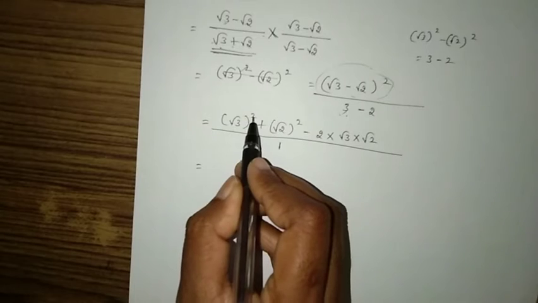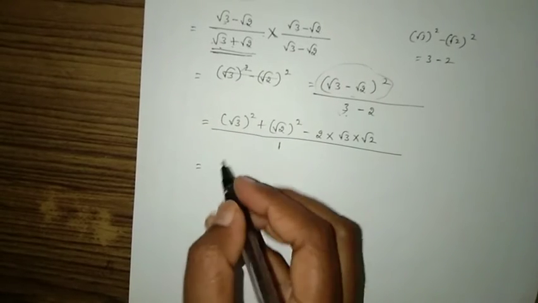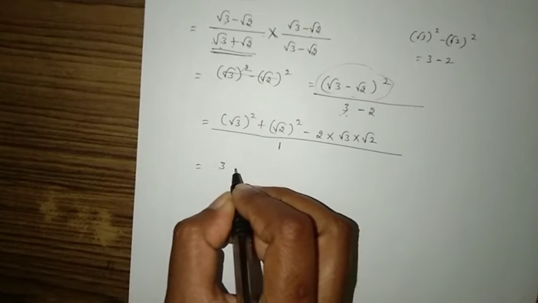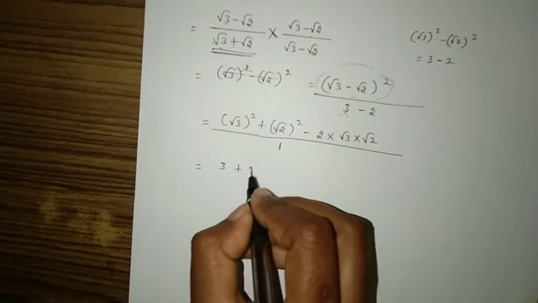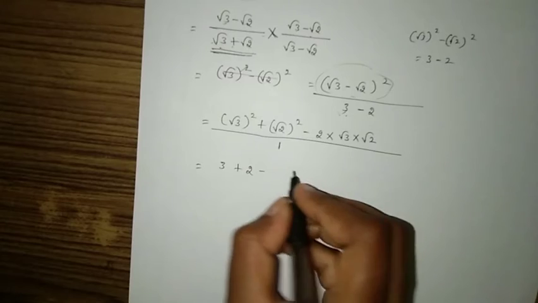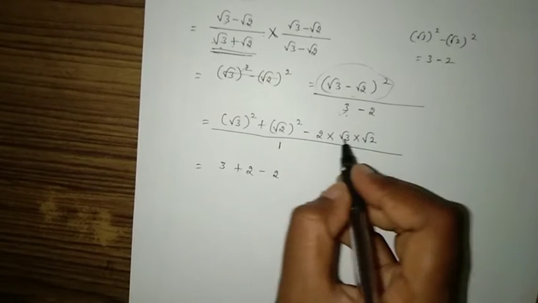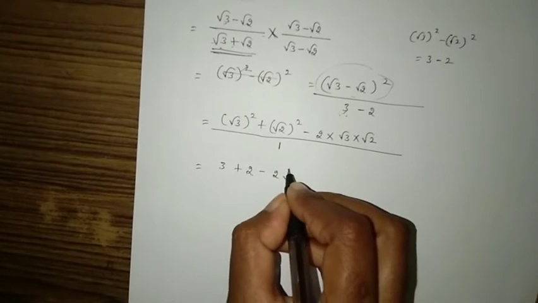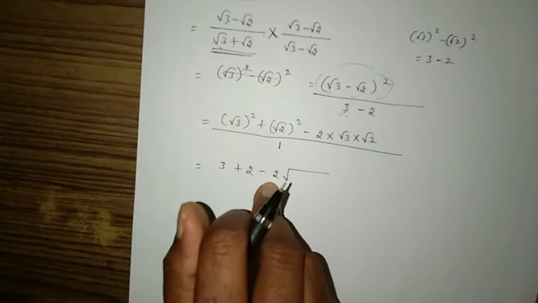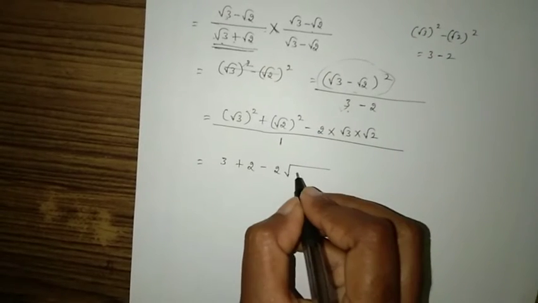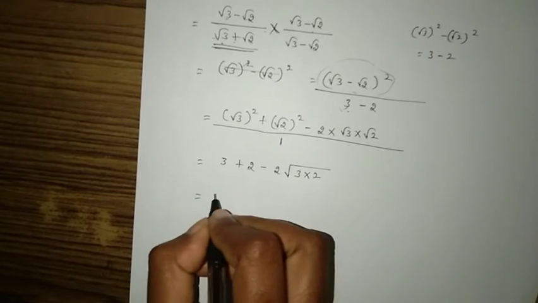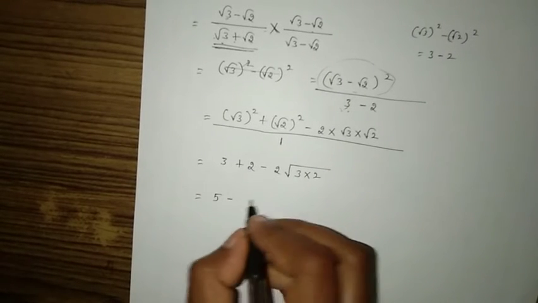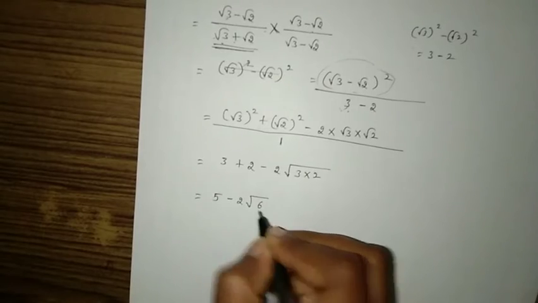So we have to do this. Root 3 whole square means 3 plus root 2 whole square means 2 minus 2 into, we have to multiply, keep 2 as it is, we have to multiply these two terms, that is 3 into 2. We get 5 minus 2 into root 6.